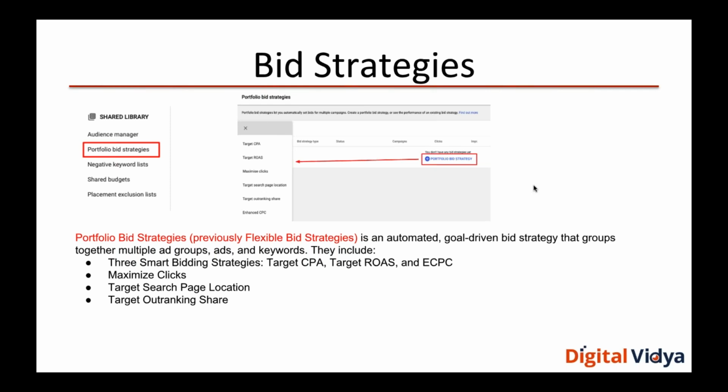It will only go to a particular extent more than the bid you set. Is this clear? It is also automated, but it can decide only to a particular extent, not beyond that. Whereas in target CPA and target ROAS, you are not even bothered about the bid. You just give the goal. The bid is completely up to the system.